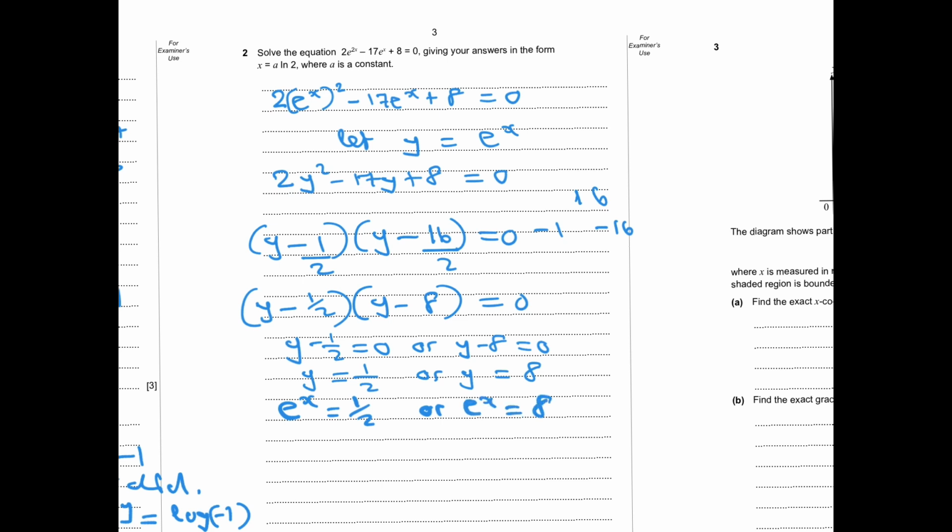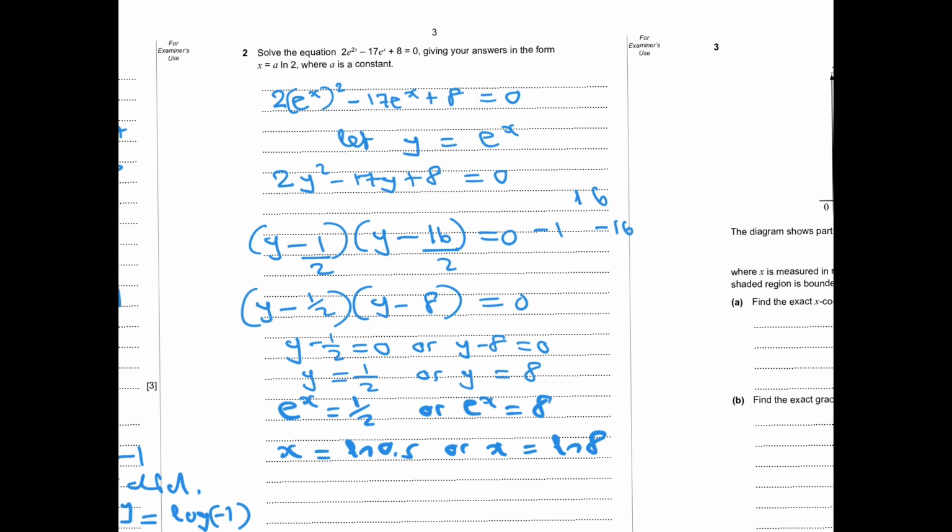If I apply ln on both sides, I'm trying to make sure that my solutions are in the form that is required. I'm going to have x is equal to ln of 0.5, that's half, or x is equal to ln of 8.